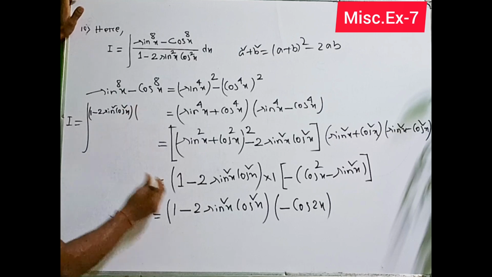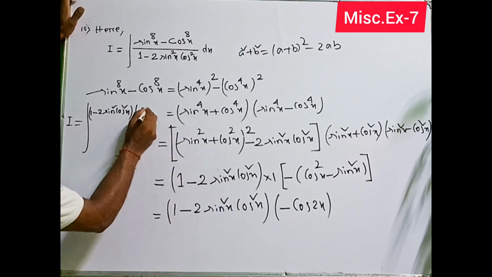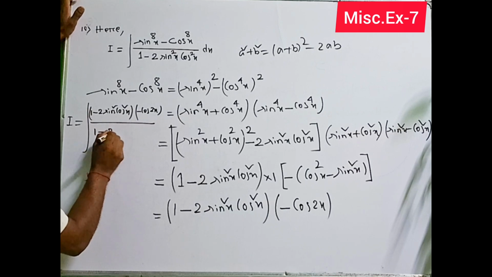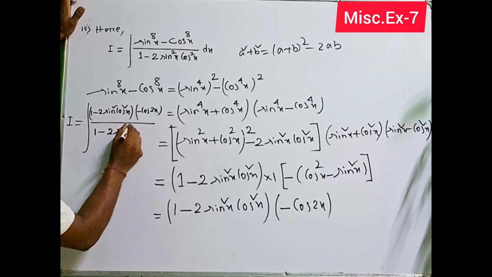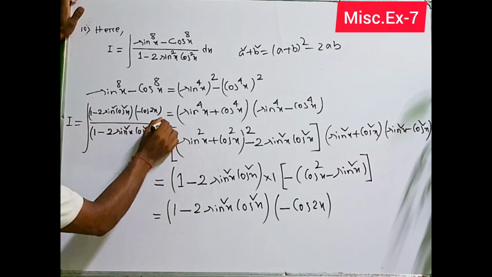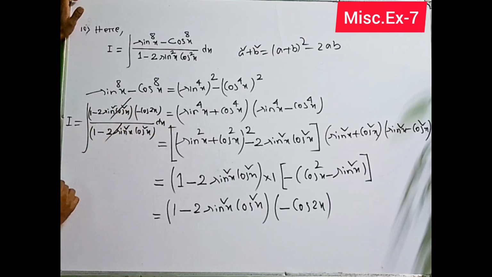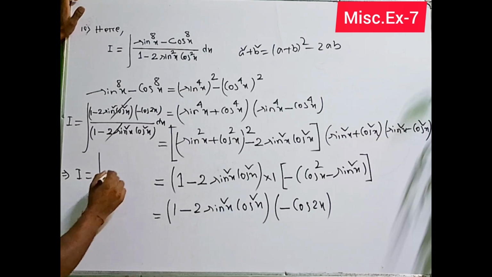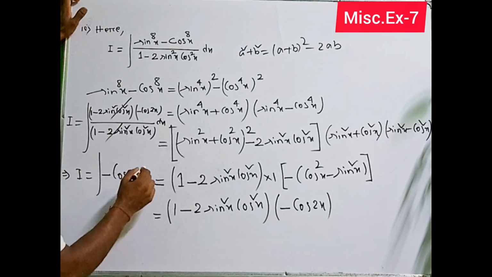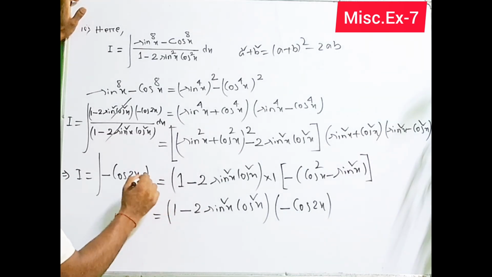This is one term and it is minus cos of 2x divided by, in the numerator already 1 minus 2 sin square x cos square x is present, with respect to dx. This will be cancelled out. I equals integration of minus cos of 2x dx.